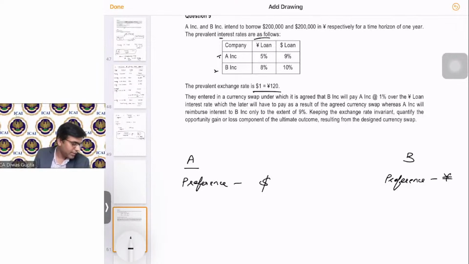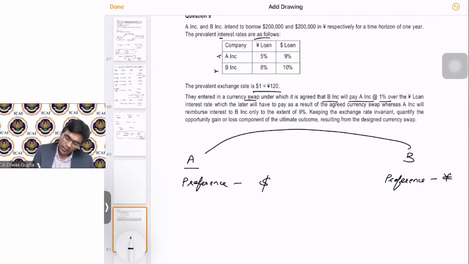Now see students, they are entering into a currency swap under which it is agreed that B will pay a 1%. So B will pay to A 1% over the yen loan interest rate, which the latter has to pay as a result of the agreed currency swap.